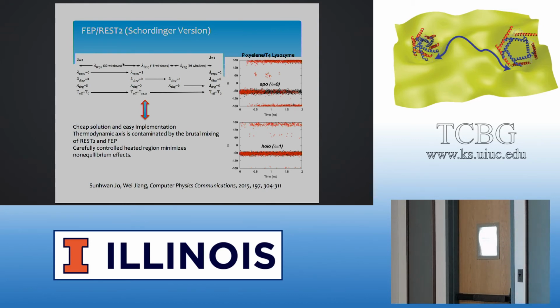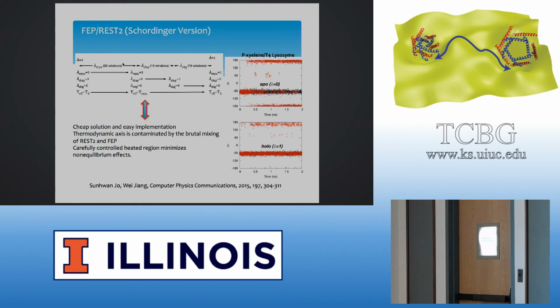This is a result of FEP REST2, Schrödinger's version, on the T4 lysozyme system. Here, at the binding pocket, there is a very big barrier for the rotameric state change. The black one is the straight free energy perturbation method. In that case, for the apo state, we never observed any rotameric state conversion within 2 nanoseconds.